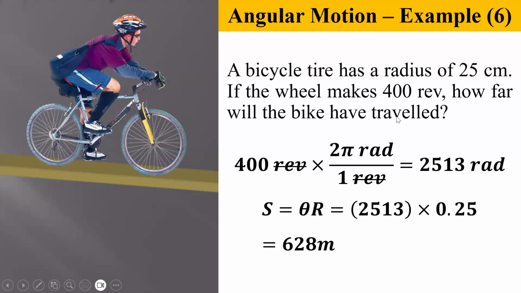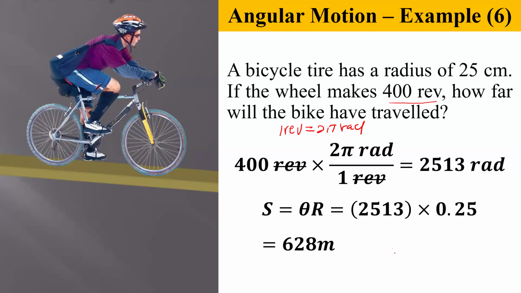So you go back to your standard, and you know that 1 rev is equal to 2 pi rads. All right. And your answer, you get a value in rads. So this time around, rather than putting 1 rev upon it, you have to do the reversal of it.